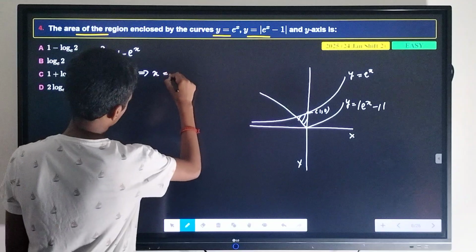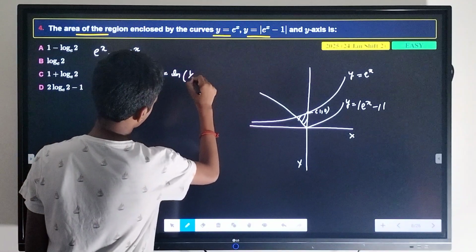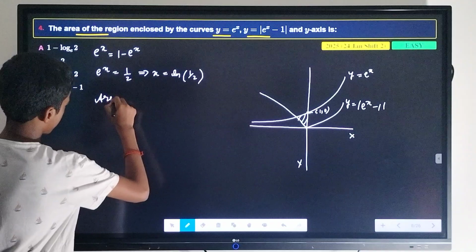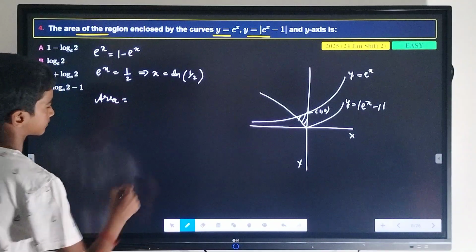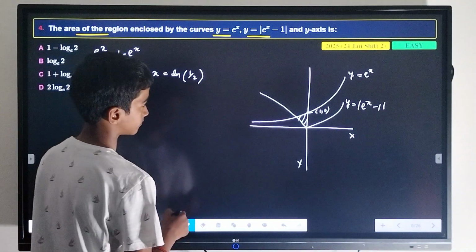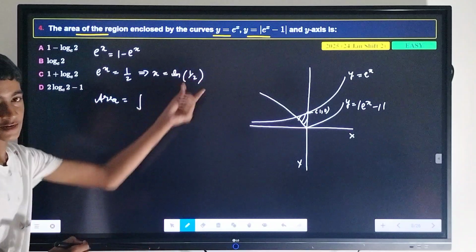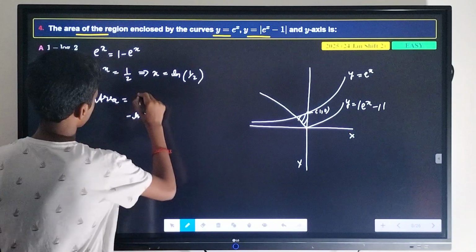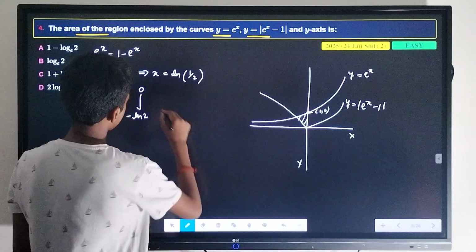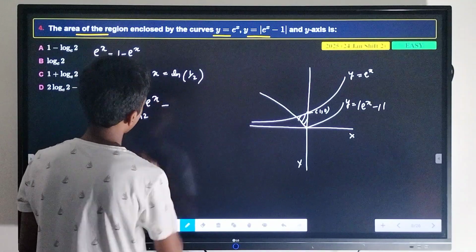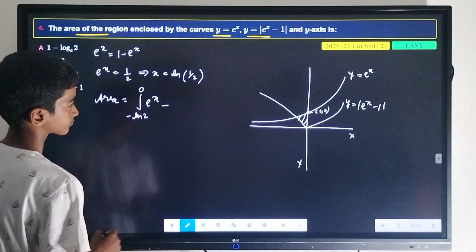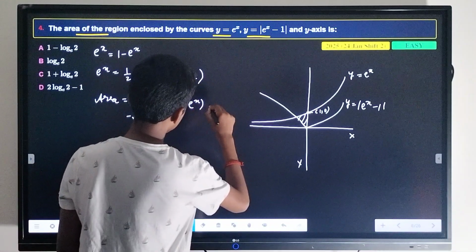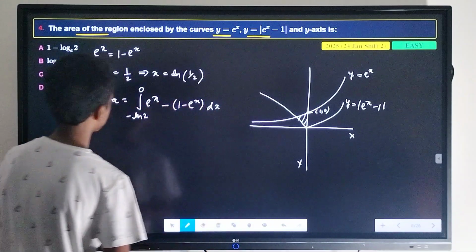So x is equal to ln of 1 upon 2. So our required area of the region is integral from, we can write ln 1 upon 2 as minus ln 2, to 0 of 1 minus e raised to power x minus e raised to power x dx.